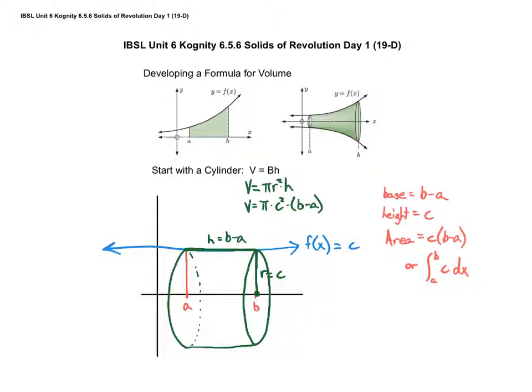Let me rewrite this a little bit. We had that c was f of x. So our volume is pi times f of x squared times b minus a.